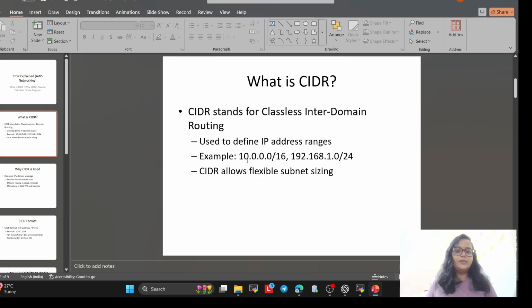For example, 10.0.0.0/16, with four parts. There are two types, IPv4 and IPv6, but as of now we are discussing IPv4. Second example: 192.168.1.0/24. Now, CIDR allows flexible subnet sizing.